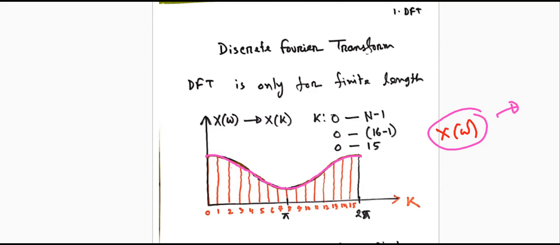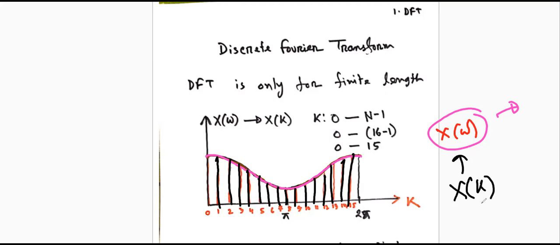So then what is the strategy? The strategy is we need to sample it. The omega is now sampled, and we can store some values from this X(omega), a subset of it, that can be represented as X(k).